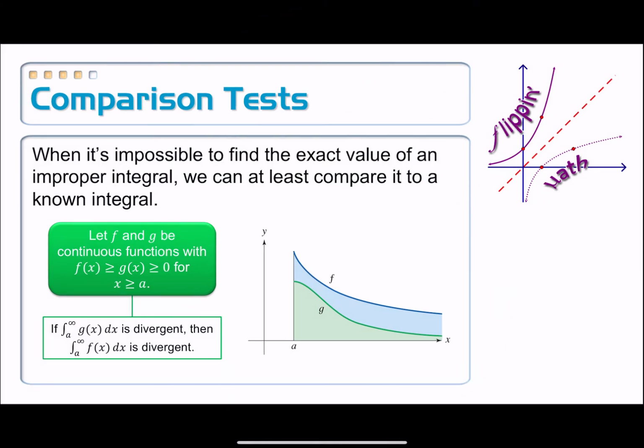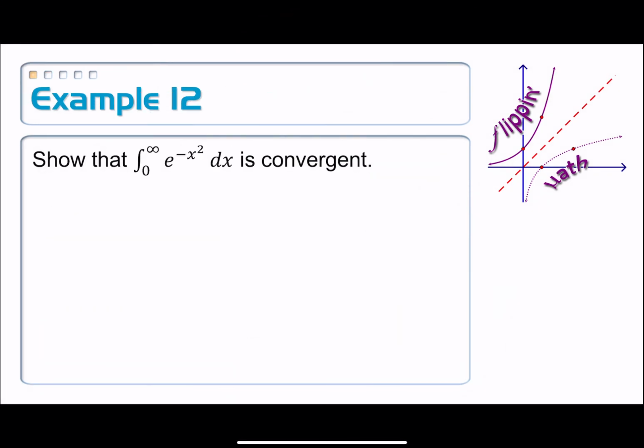Okay, hopefully that didn't blow your mind too much, because we've got just one more example to look at. And again, it's going to involve these comparison tests. Show that the improper integral, we can definitely see it's improper, from 0 to infinity of e to the negative x squared is convergent.